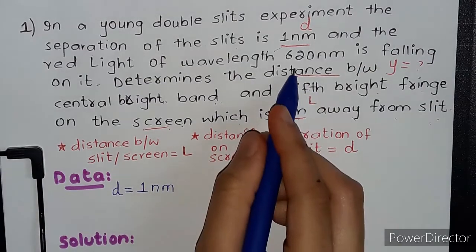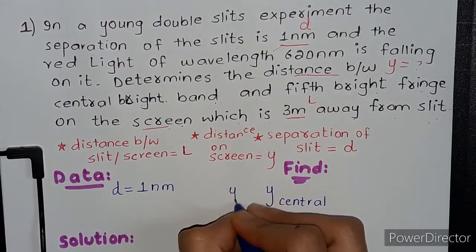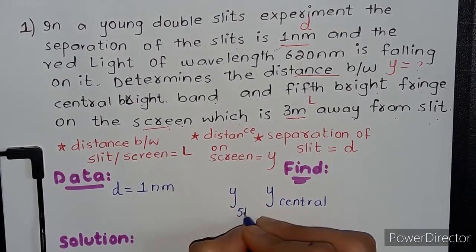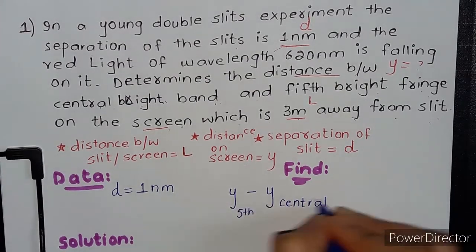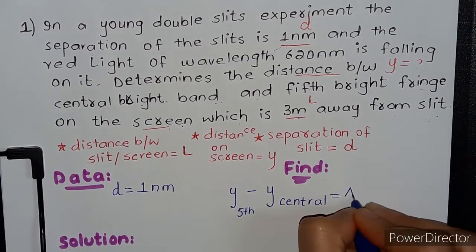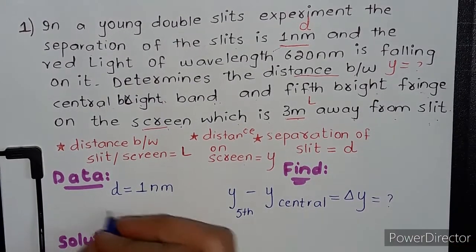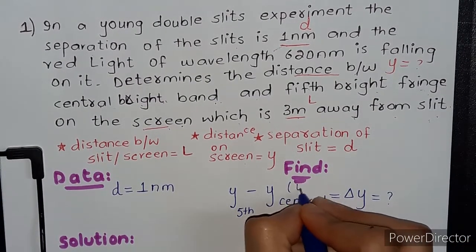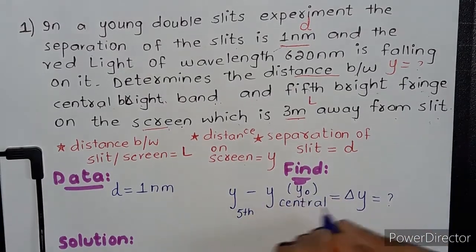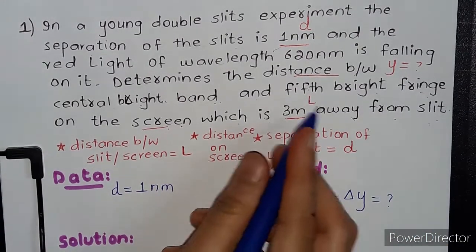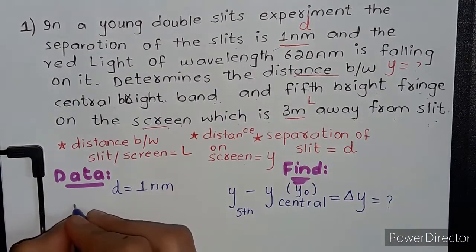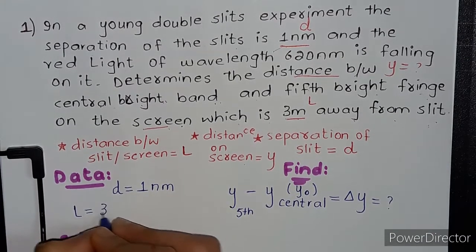Then we have to find the change in y. This we have to find, and we can denote it by y naught. And then we are given the L value, which is 3 meter.